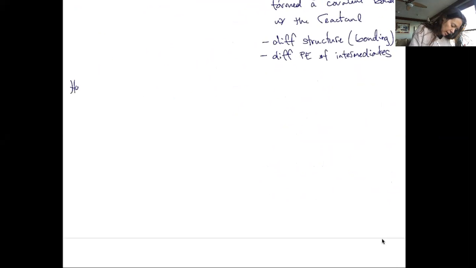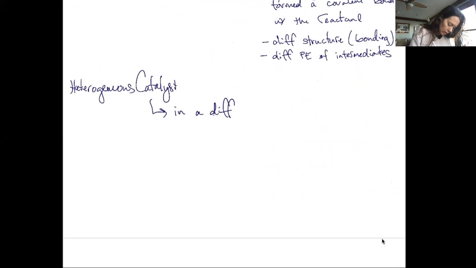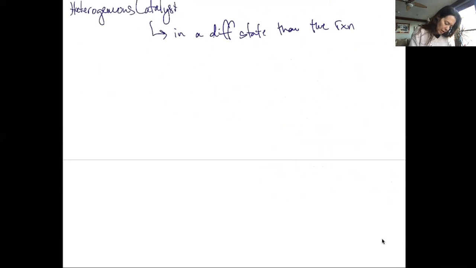Therefore, we could look at a heterogeneous catalyst, and that is where the catalyst would be in a different state than the reaction. Let's look at an example like this. Let's draw a metal here. You can make it as big or small as you want, or you can just draw squares. This is going to be my platinum, Pt.